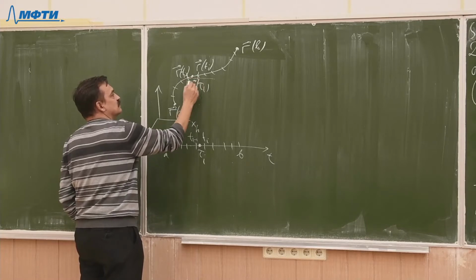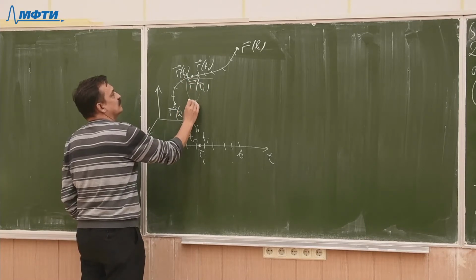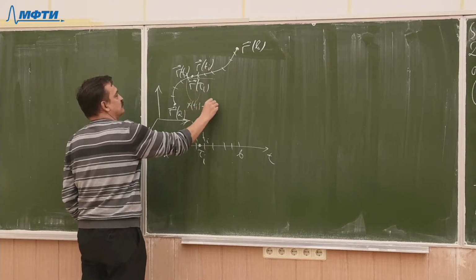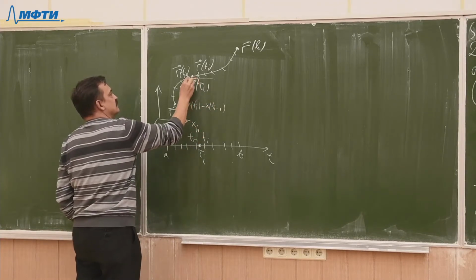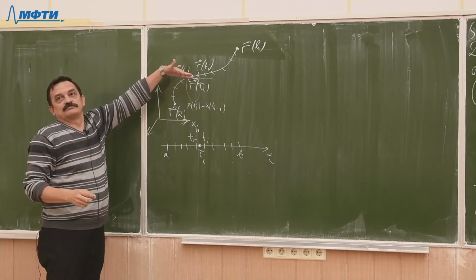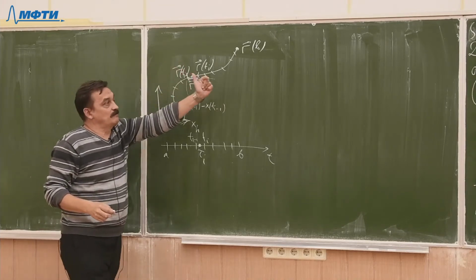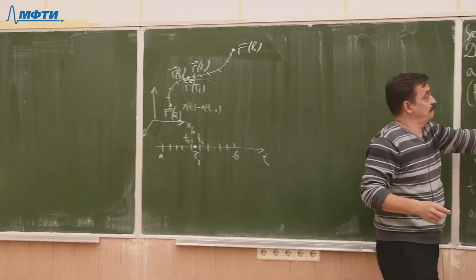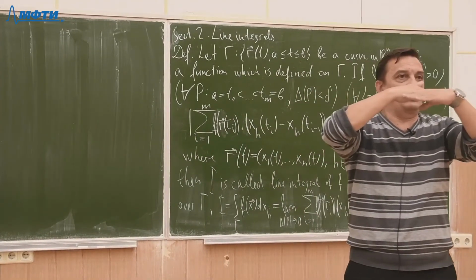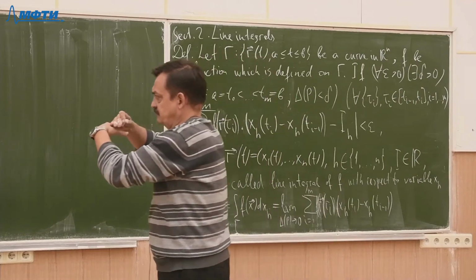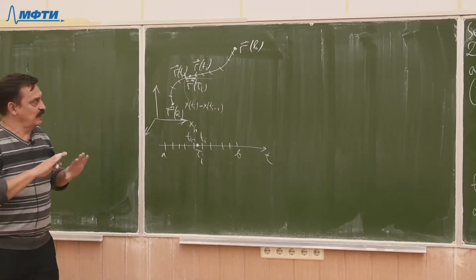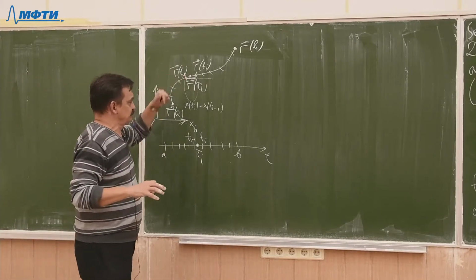Look, this interval is precisely the difference x of t_i minus x of t_{i-1}. This is the length of the projection. So now we are interested only in projections on one line, on one axis, axis x_h, and we are interested only in the projection.